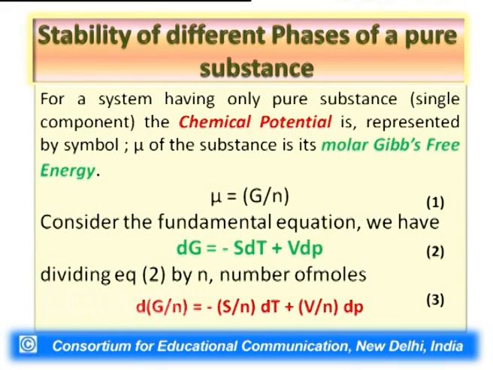phases. Now, for a system, if we have only a pure substance, then it would be called a single component system, as I have already pointed out. The chemical potential is represented for such a substance by symbol mu, and it's also called molar Gibbs free energy.